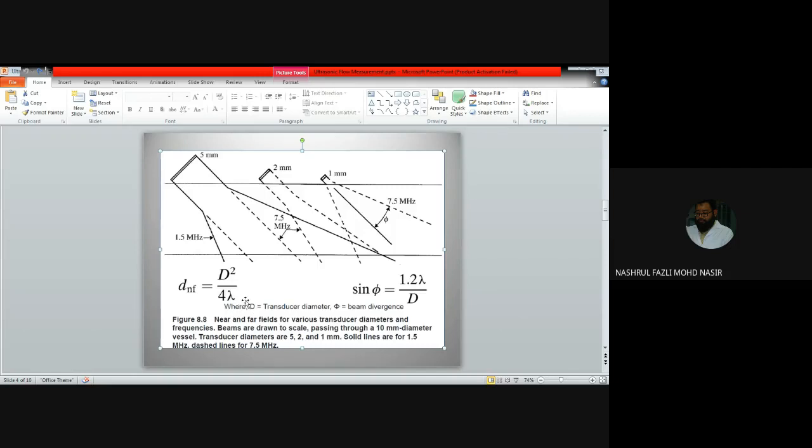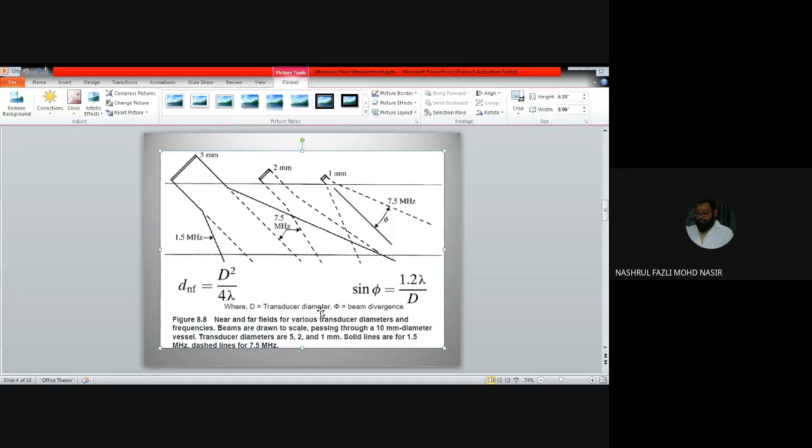Then there's another equation: sin theta equals 1.2 lambda, the wavelength, divided by the transducer diameter. Here the solid lines are for 1.5 megahertz, and the dashed lines are for 7.5 megahertz.